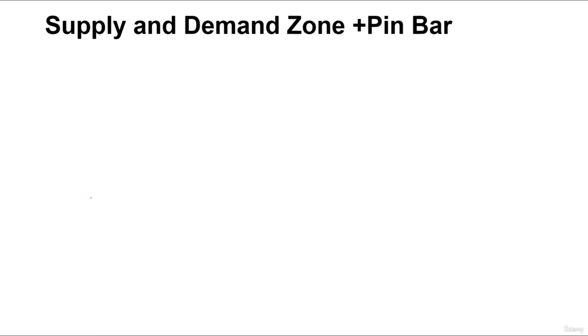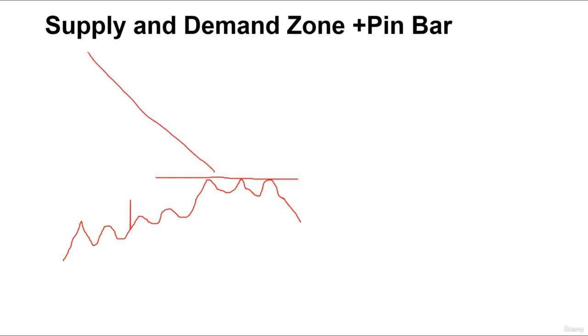So, if you can remember, we said that when the price is moving like this, when it makes places like these zones, we say this zone acts as resistance, or whenever it comes to this zone, people are ready to sell. So we say this zone is called supply zone.